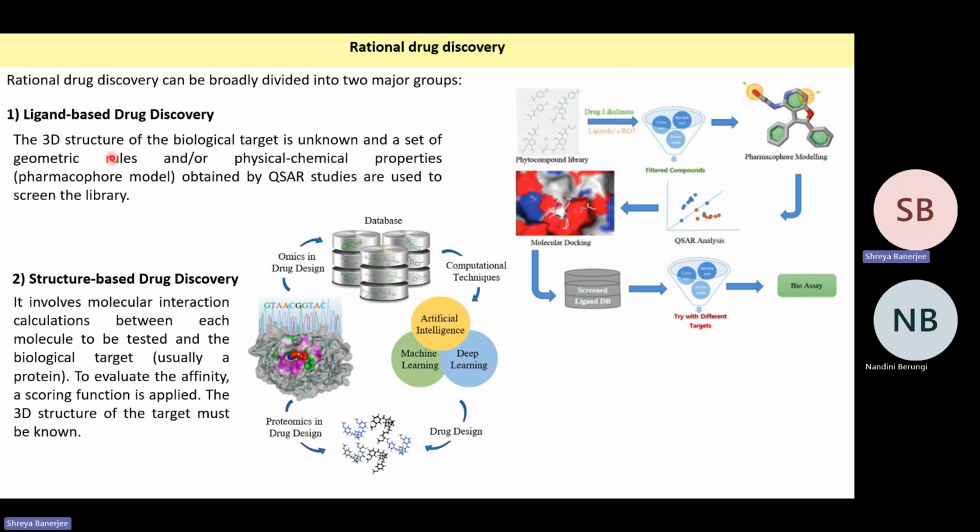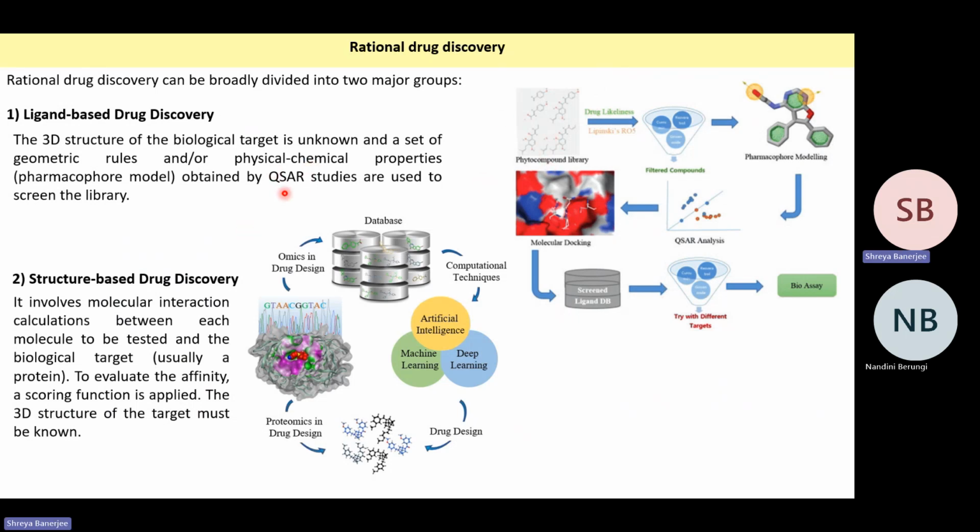What this means is that we don't know the biological target, what DNA or protein the drug is supposed to target, we don't know that. What we know is that we want the drug to have certain physical and chemical properties. We have a library of compounds which are known to be biologically active.